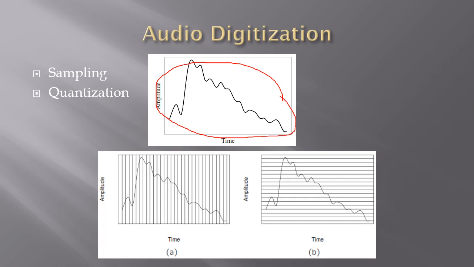And then we do the first part, which is called sampling. What sampling does is read or sample the signal at a certain interval. The interval is constant, like the one shown in this figure.